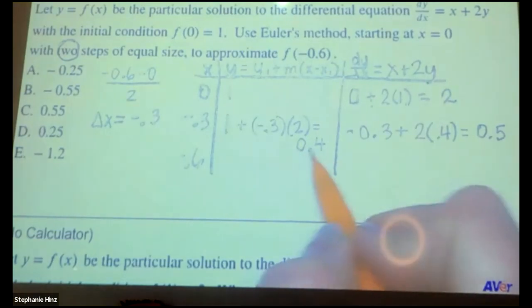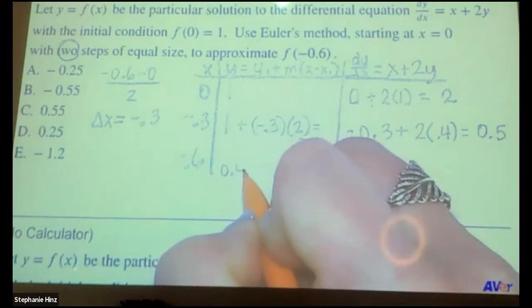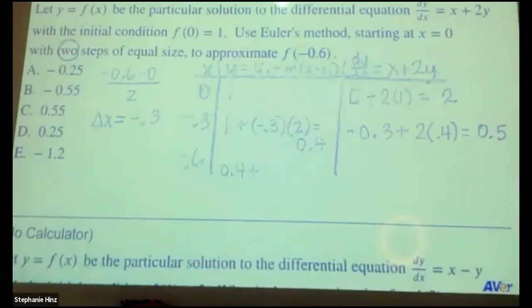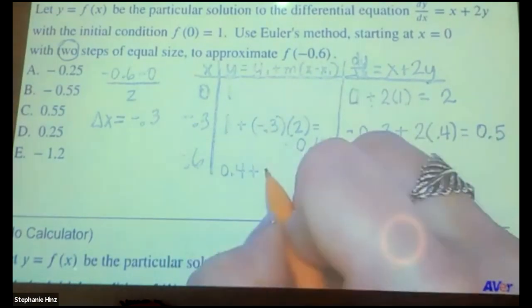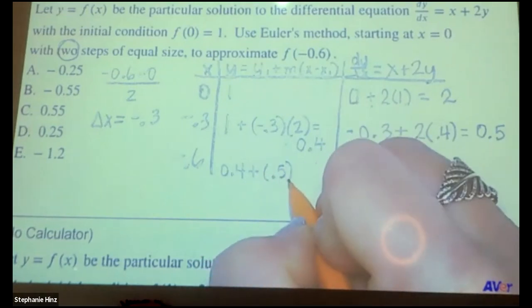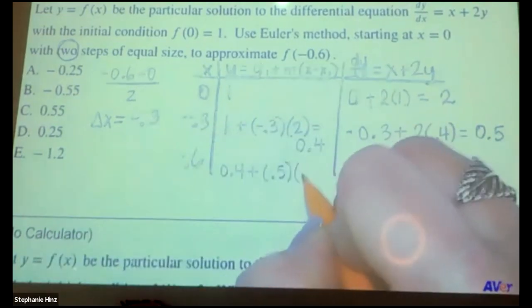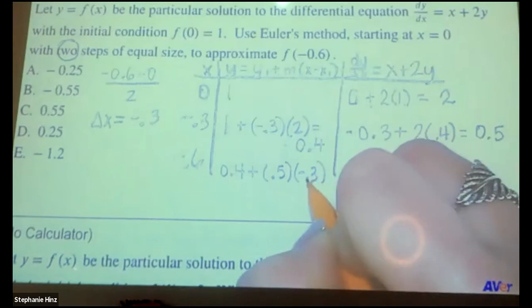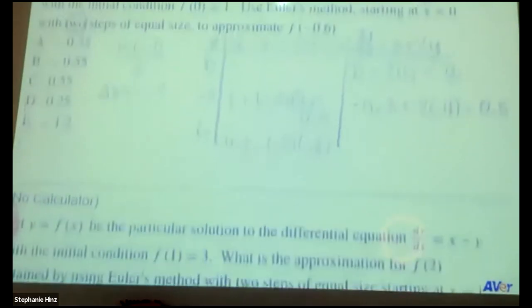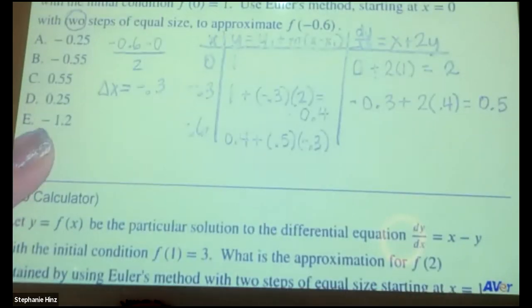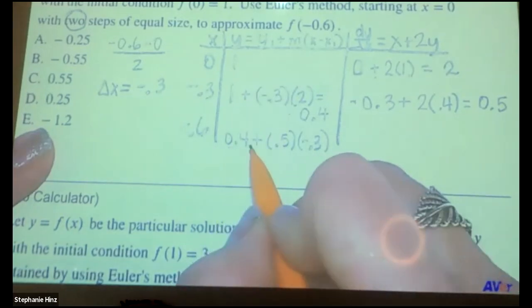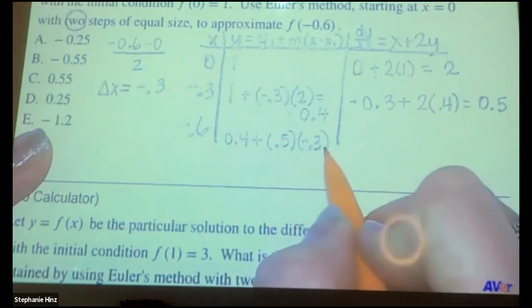So the previous y value is 0.4 plus your slope that we found, which was 0.5, and our delta x, which is negative 0.3. So I end up with 0.4 minus 0.15.